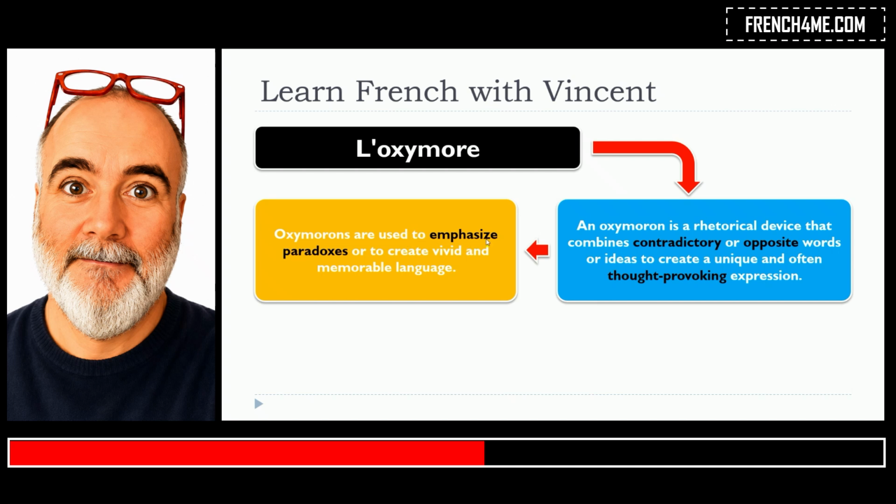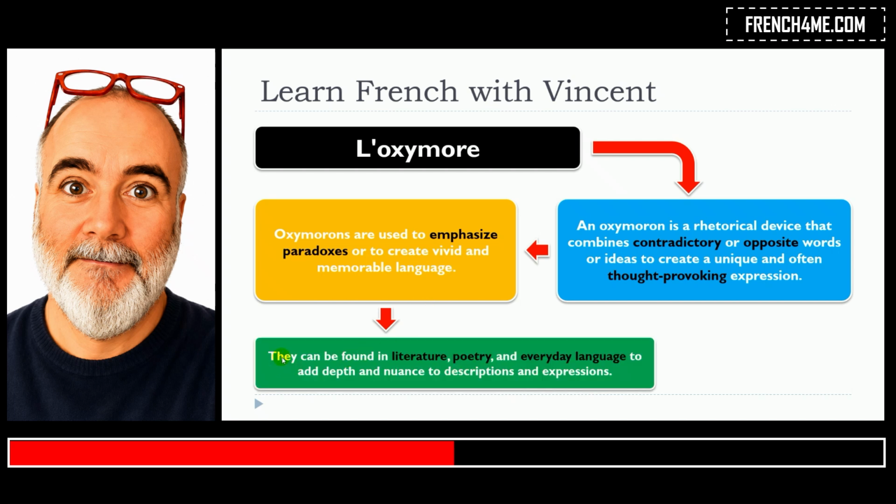Oxymorons are used to emphasize paradoxes or to create vivid and memorable language. They can be found in literature, poetry, and everyday language to add depth and nuance to descriptions and expressions.